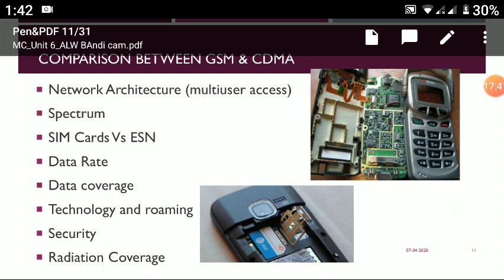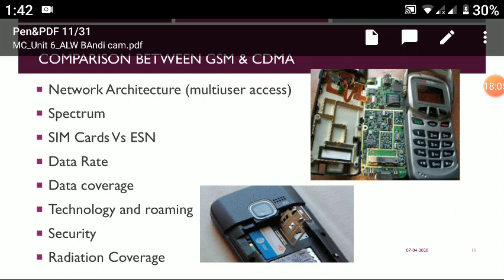Already in 2005-6, Reliance developed some such phones, and they were giving them to the subscriber directly without any SIM card. I mean that particular cell phone contained the SIM card also.